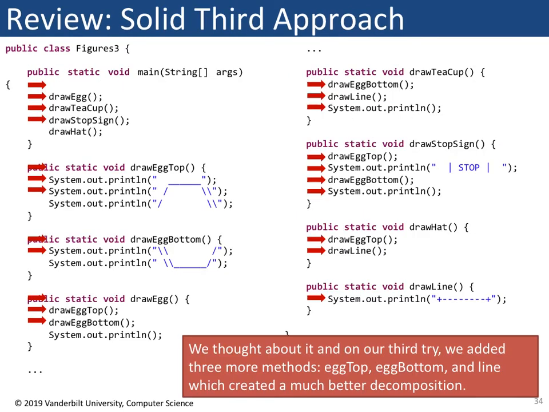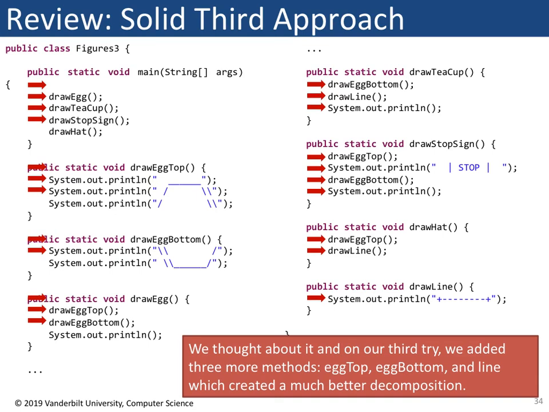But we still were left with this redundant drawing of similar shapes, such as the egg top, the egg bottom, and the divider line. So in our final decomposition, which is the most appropriate, we eliminated all redundancy and have methods to draw these so-called shape primitives, methods to draw the shapes based on the shape primitives, and then we have our main, which simply sits at the top of the call pyramid, so to speak, and issues high-level commands: draw egg, draw teacup, draw stop sign, draw hat.